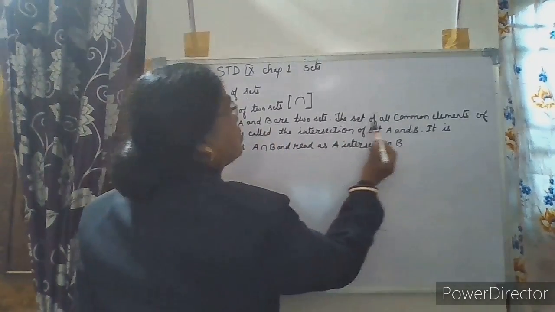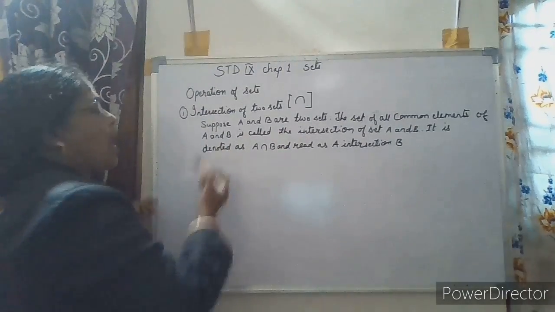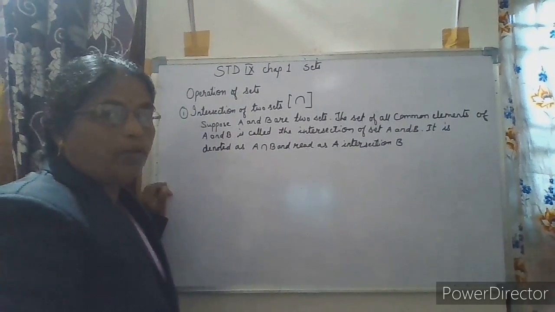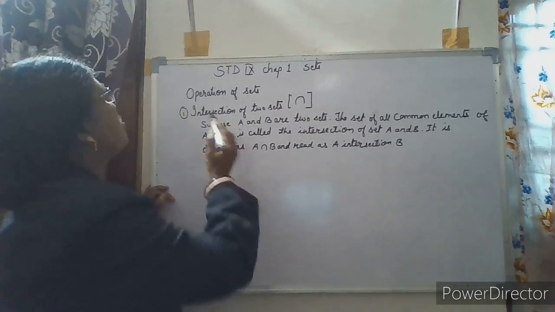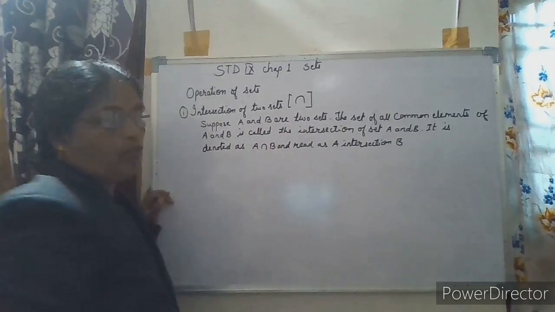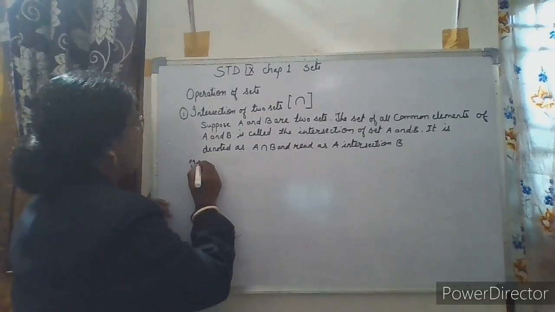That is the set of all common elements of set A and set B. The common elements of two sets are called as intersection of two sets. You will better understand by the example.